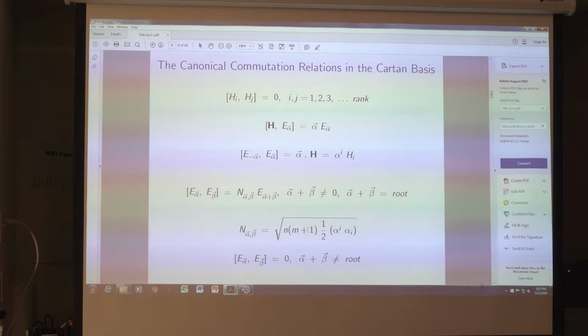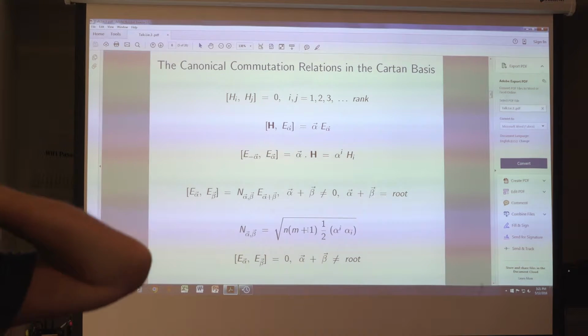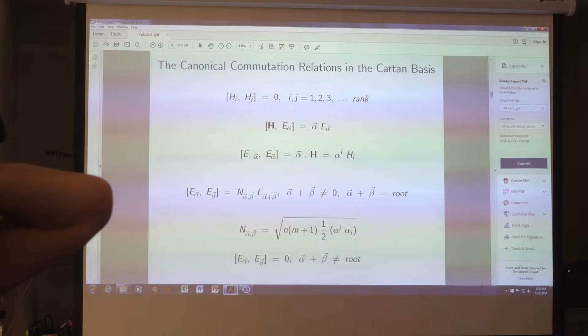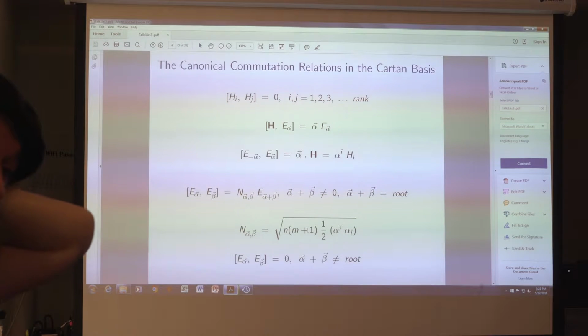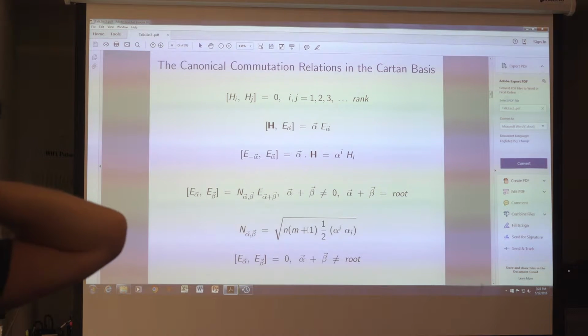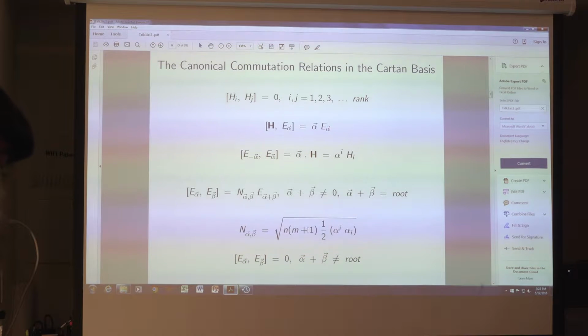You can represent them as matrices. I'll give you an explicit example in the next slides where you can represent all of these objects by matrices. Or, remember we talked about the possibility of representing them by differential operators also. But think of them as matrices.